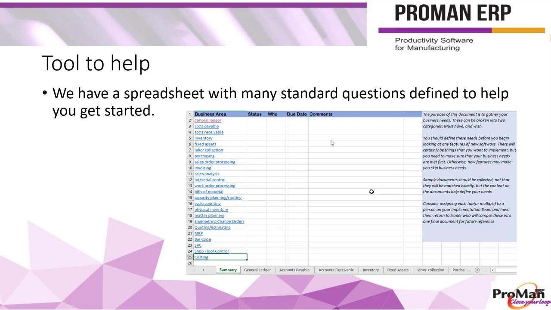We're trying to break this into pieces so that you can sit down and say, yeah, I want to do that. No, we don't do that. These are the things that we ought to be looking at down the road. And so we've broken this into these 20 some odd business areas, and we have a tab for each one of these areas. So you can just click on the hyperlink in that cell and it takes you over to the page.